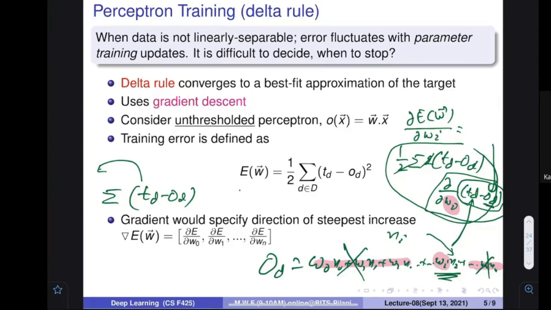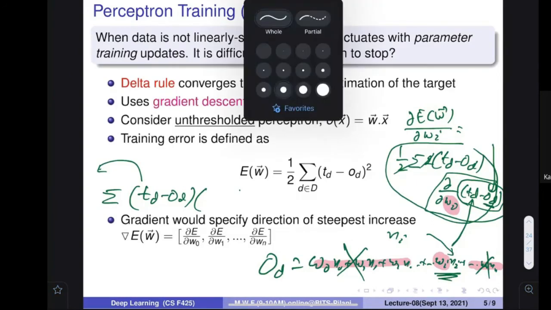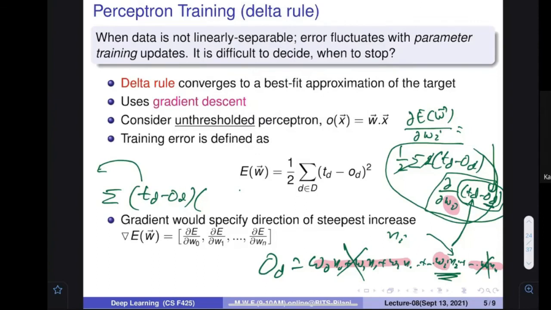So can I write it like this: inside, I have taken this part out, and 2 and 2 got cancelled, so I got td minus od, and then inside there was a long summation chain. In this summation chain, only xi is going to survive and all other things are going to die.